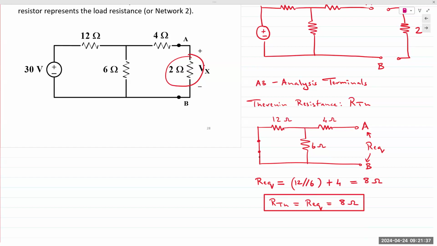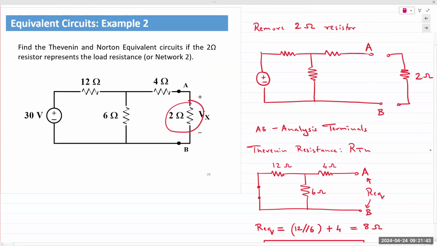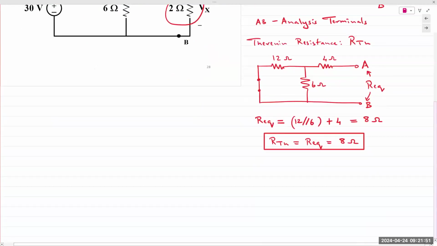So to determine Thevenin voltage, you go back to the original circuit. The original circuit or the circuit that you need to analyze is here. Okay. So to determine Thevenin voltage, all you're going to do is draw out the same circuit as it is.